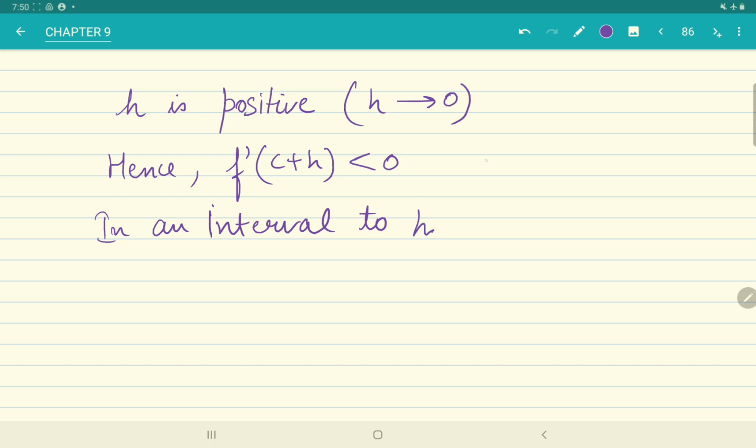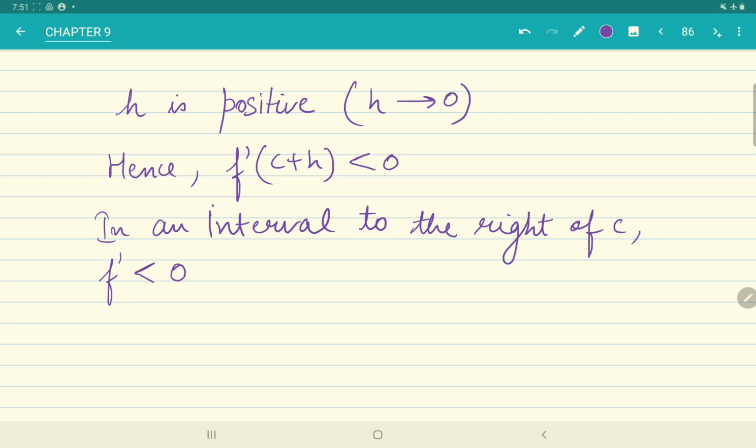In an interval to the right of c, f prime is less than 0.